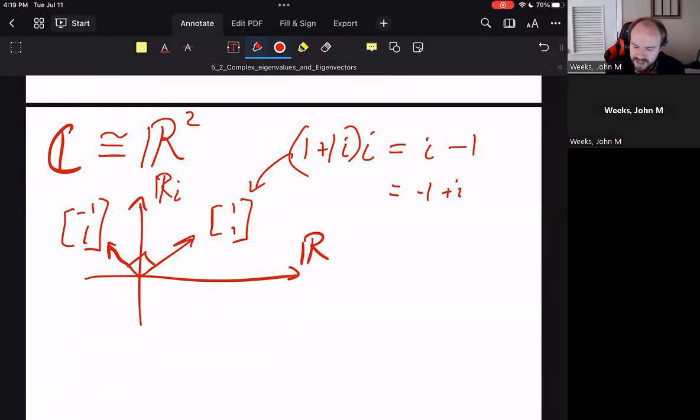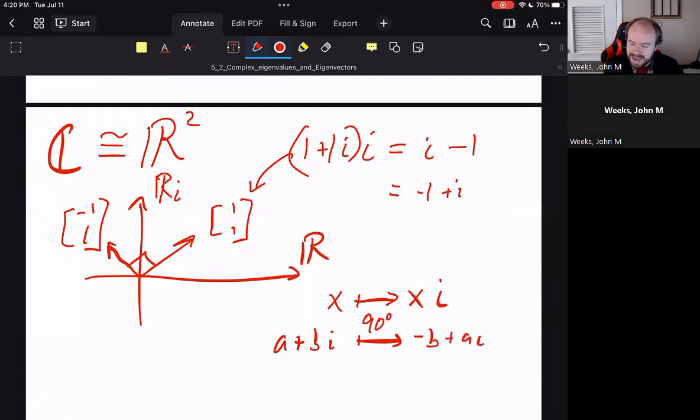I am looking at the map of multiplying x times a number i. Another way to think about this is in terms of the following. What we're doing is taking a plus bi and replacing it with, in this case, since this is a 90-degree rotation, negative b plus ai, right?